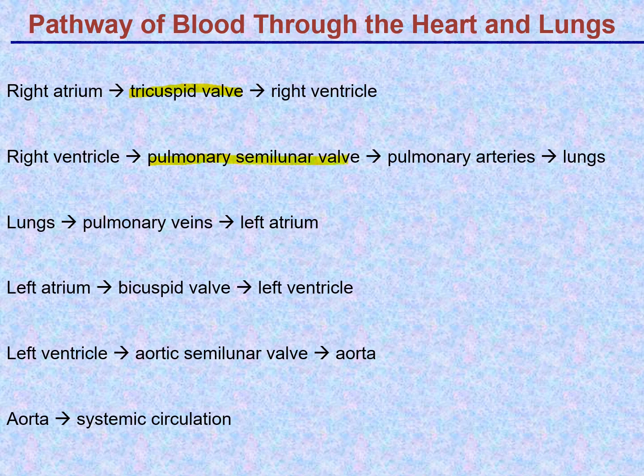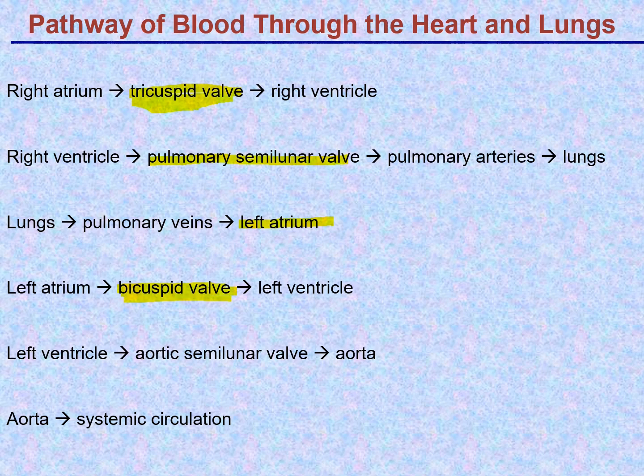The blood comes back, goes up to the lungs through the pulmonary arteries, comes back from the lungs to the pulmonary veins, entering the left atrium, and it goes from the left atrium to the left ventricle through the bicuspid valve. So here you have on the right side, between the two chambers, atrium and ventricle, you have the tricuspid, and on the left side it's the bicuspid.